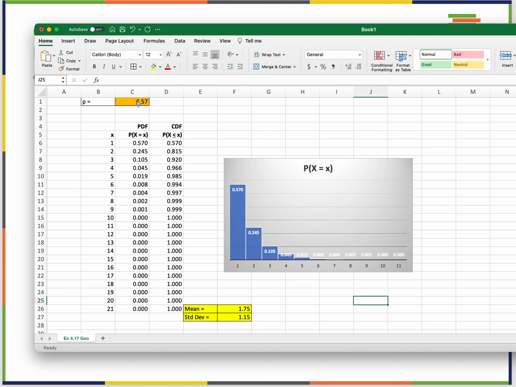Okay, and what happens if I change it to, like again, 0.5? What happens to the mean? It changes to 2. Well, guess what? 50-50. This is until I get the first head. So if I get 50% chance of getting on the first one, I have a 25% chance of getting on the second one, and it just goes down all the time as I'm multiplying 0.5, 0.5.